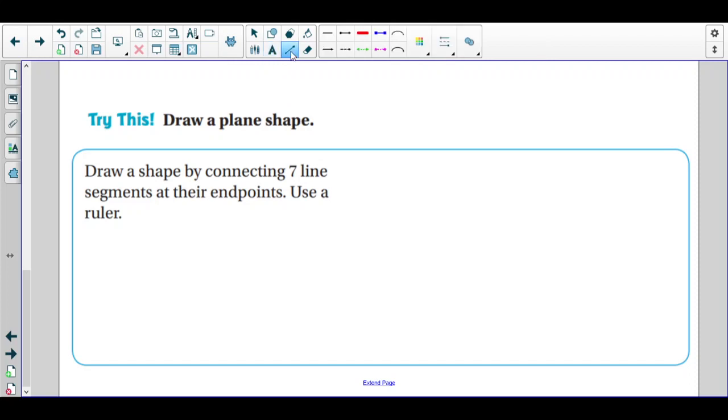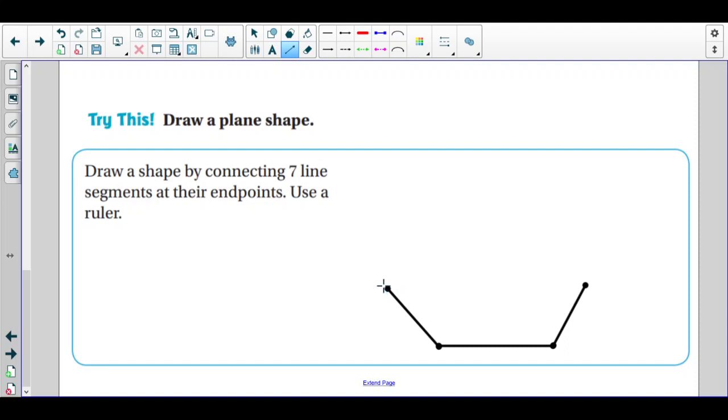Let's see what we can do here. Let's try to do this the right way. So we'll have a line segment here and here. And then from here to there.